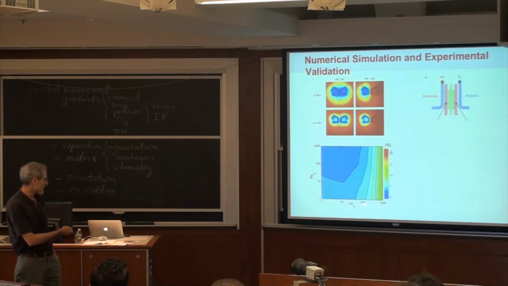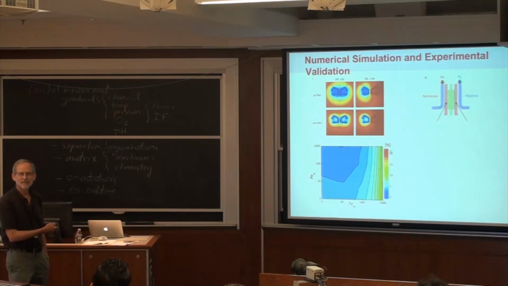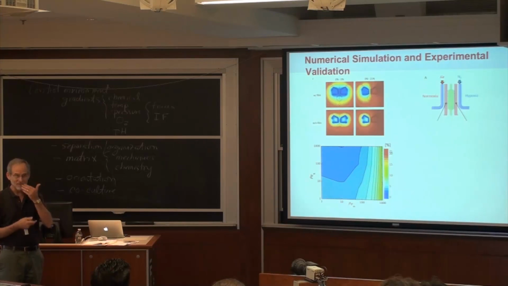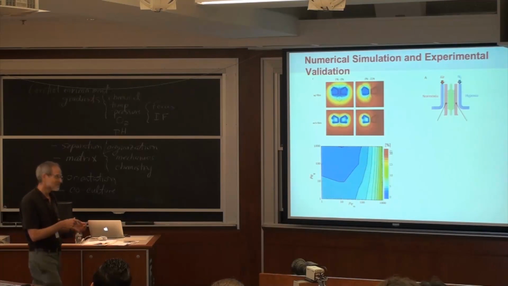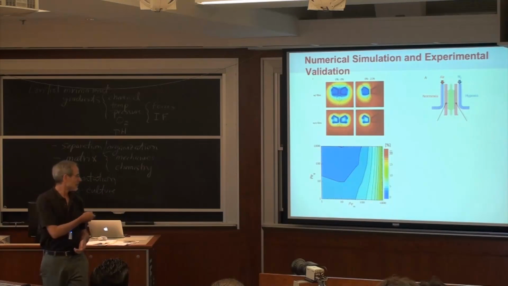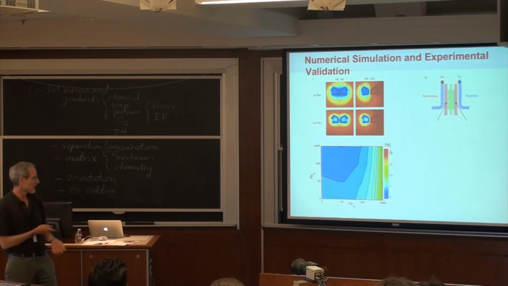The media flow rates, again, these are microns per minute, I think, in order to get you up in this range. Peclet number, remember, is the ratio of convective transport to diffusive transport. So basically, the Peclet number gives you a measure of what the flow rate is.